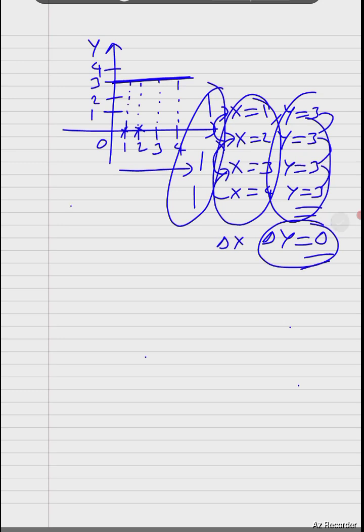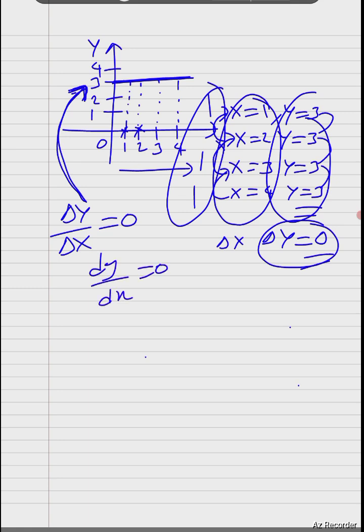That means delta y by delta x is equal to 0 when y is a constant. Hope you understood now. If y value is a constant, dy by dx or delta y by delta x is 0. Isn't it? That means what? Slope is 0. What is the fundamental purpose of differentiation? To find slope only. Okay.